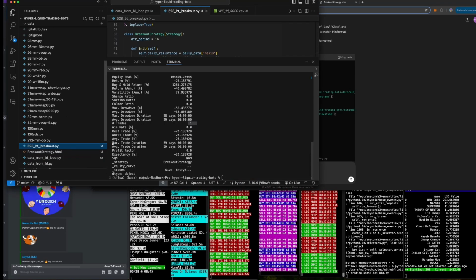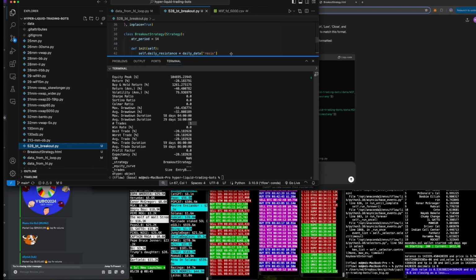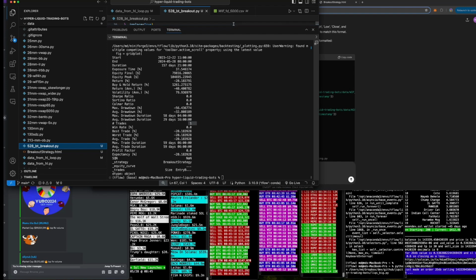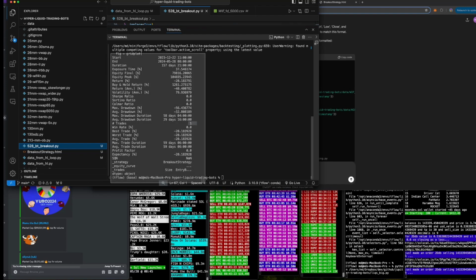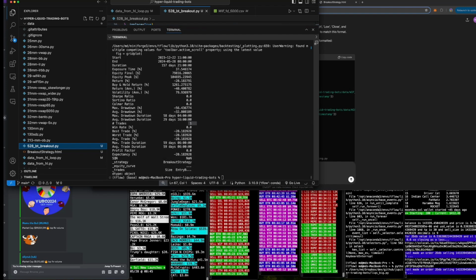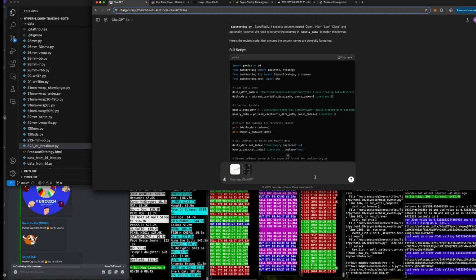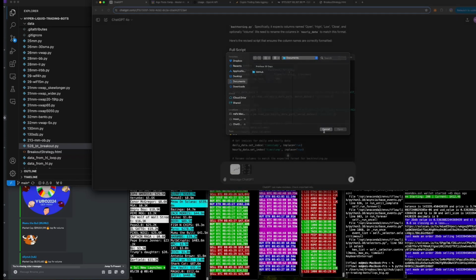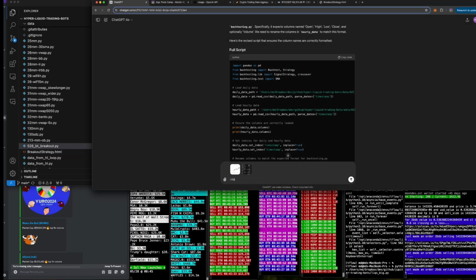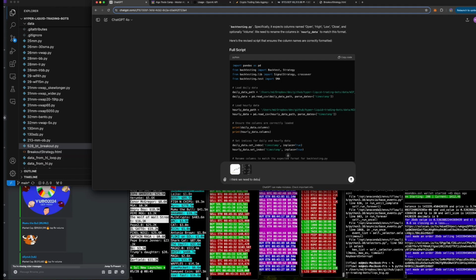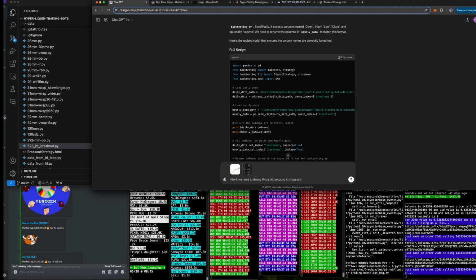Let's go ahead and also give it this data here. I think we need to debug this a bit because it shows only one trade.